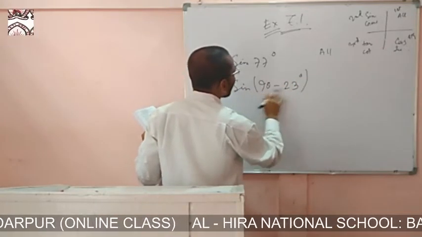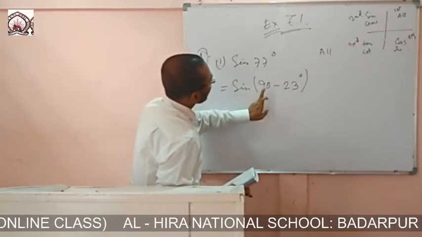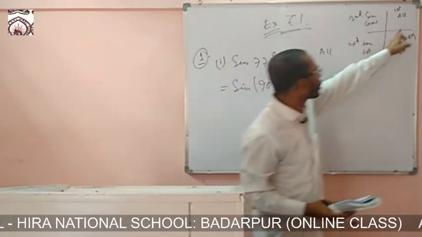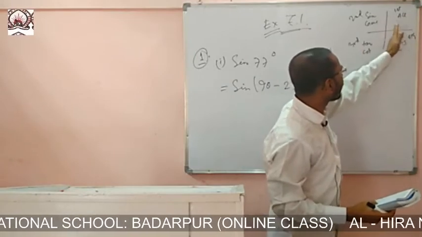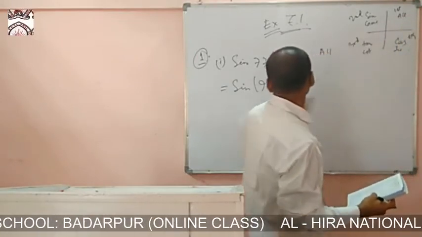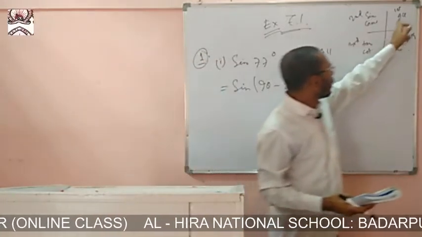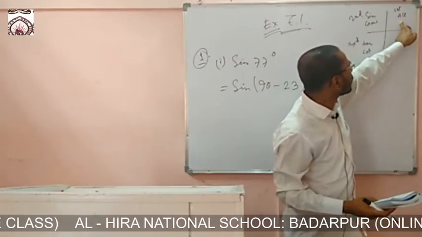So sine 90 minus 23. 90 is the first quadrant. If we subtract 23 from 90, then definitely sine 90 minus 23 stays in the first quadrant.